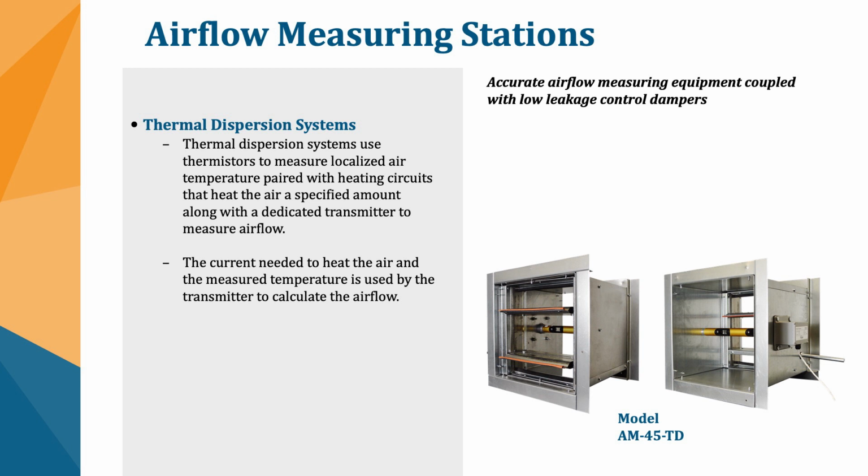Now, if you order those separately, you can certainly put an opposed blade damper upstream of our pressure differential offerings, but I typically recommend doing it downstream as well because it lets you put that damper significantly closer to the airflow measurement station.